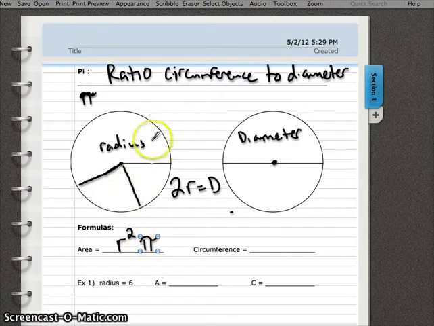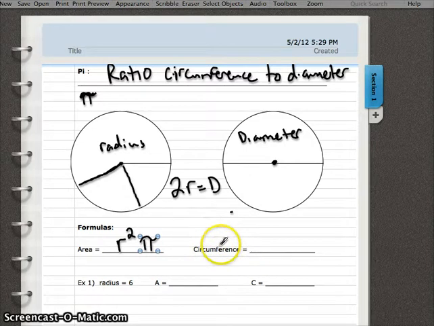It's a silly way of remembering, but a circle is circular and a pie is a circle, and so for some reason saying that pi r squared helps you remember the formula. So if that helps, good. If not, then any way that you can remember that radius squared times pi, or pi times radius squared, is the area formula for a circle.